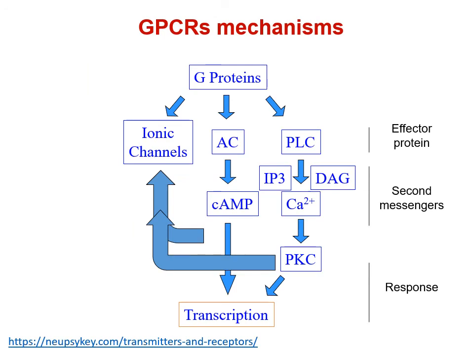So, metabotropic receptors can interact with and regulate the function of ion channels by either opening or closing them. Or they can activate different effector proteins, initiating different intracellular pathways, such as those mediated by adenylate cyclase or phospholipase C. These have different molecular mechanisms to control ion channel function and modulate transcription.